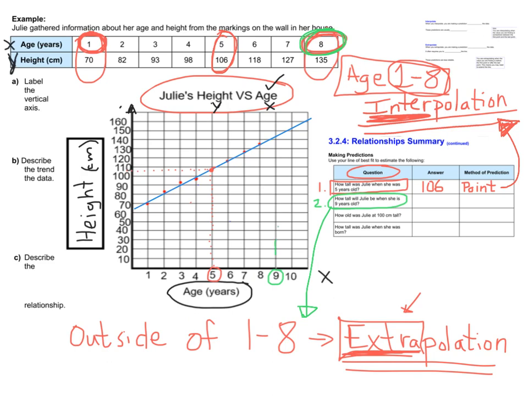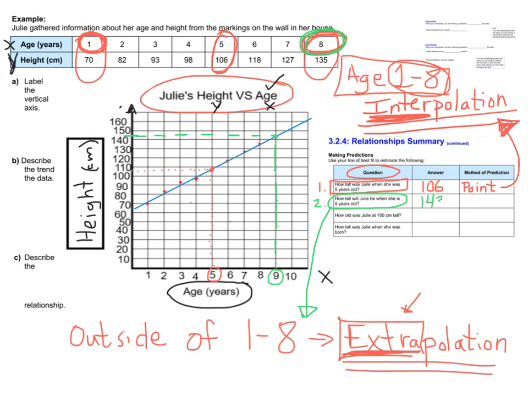So if we look at 9, and we go all the way up to the blue, and we highlight this point right here, and we come across, and we see how tall she should be according to this data. At 9 years old, she should be less than 150, but bigger than 140. It's not halfway between. I would say somewhere about 143.